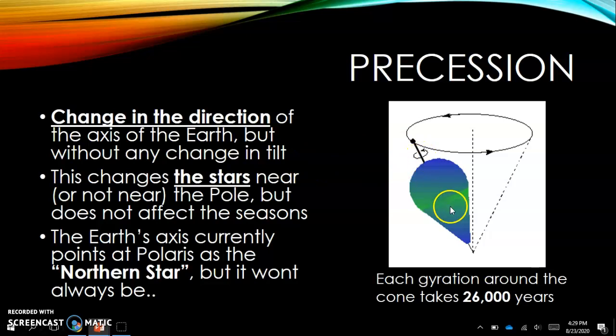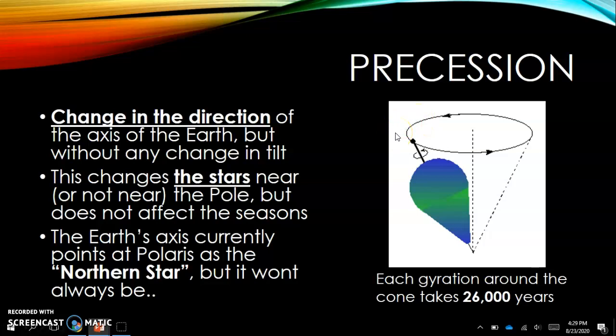This is similar to a precession. So remember, our Earth is not straight up and down in our universe. It tilts on its side. So as it spins, the location of the actual tilt will change, okay? So over time, and it takes a really long time, a precession will occur where our actual axis will rotate around like a top that's been knocked on its side, okay? So what does this mean?